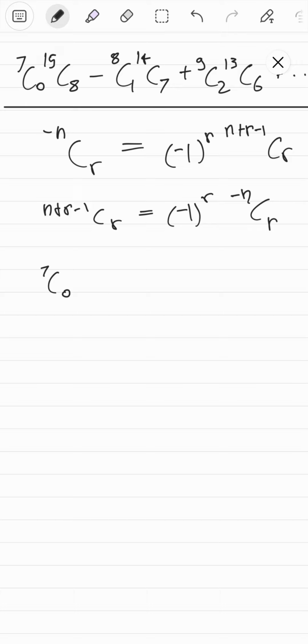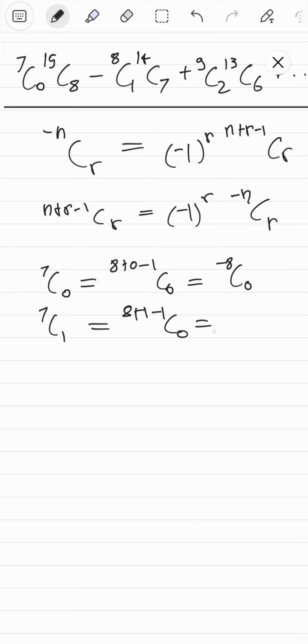So 7C0 can be written as (8 plus 0 minus 1)C0, and using this rule, this is equal to negative 1 power 0, which is just positive 1, times negative 8C0. Then for the next one, (8 plus 1 minus 1)C1 can be written as negative 1 power 1 times negative 8C1, so it's going to be negative of negative 8C1.